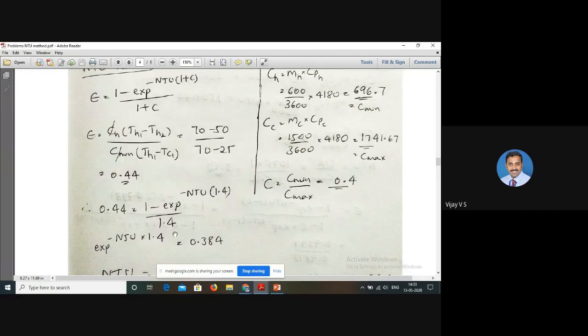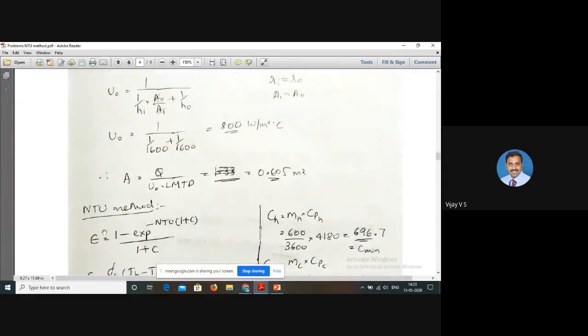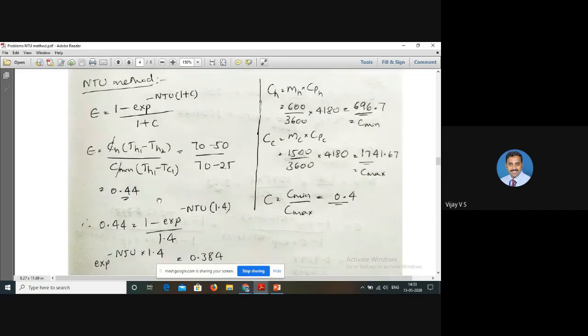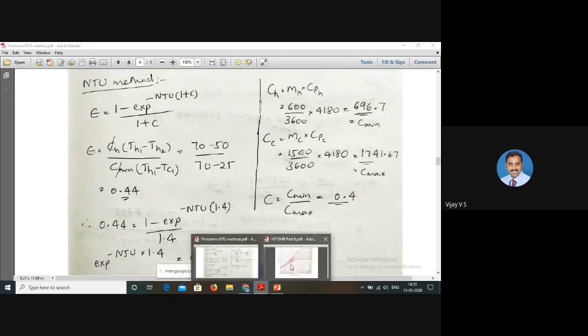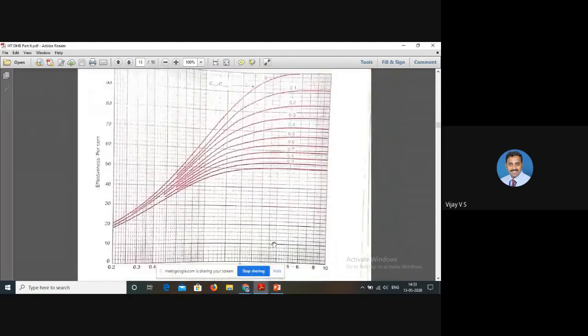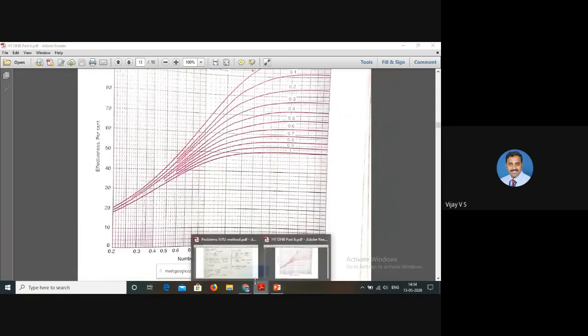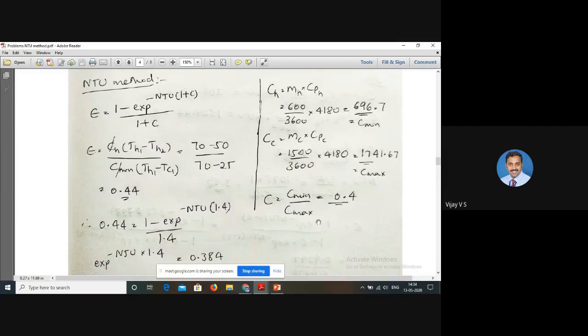So what I have done is I have used this formula, substituting effectiveness and capacity ratio. So instead of using this formula, I can directly go for NTU. You can use the chart also. For example, if I use the chart, how much do we get? Let us see. Here effectiveness is known, 0.44, that is 44%, and capacity ratio 0.4.